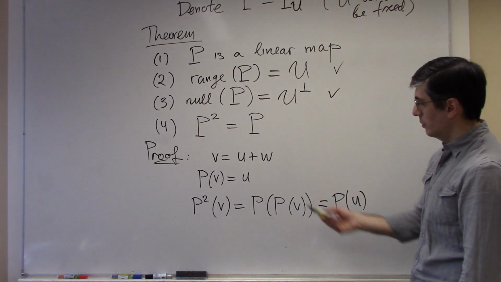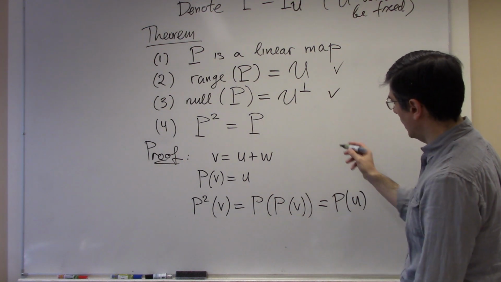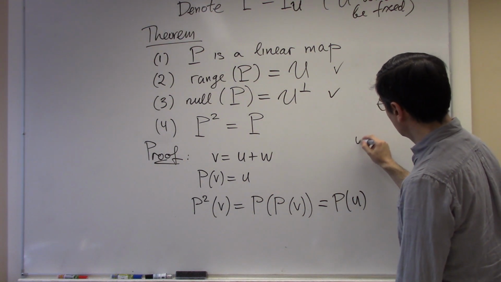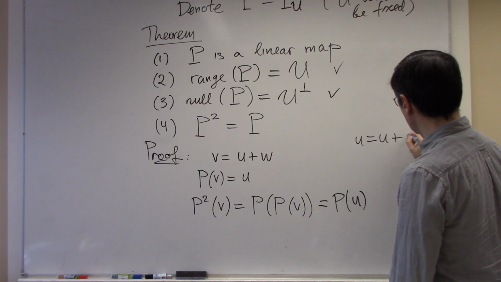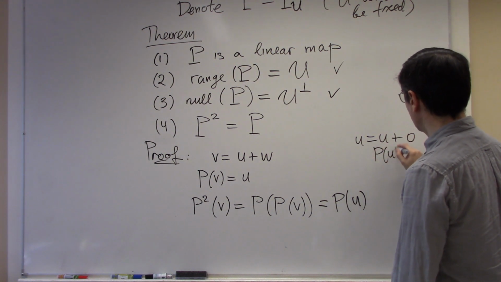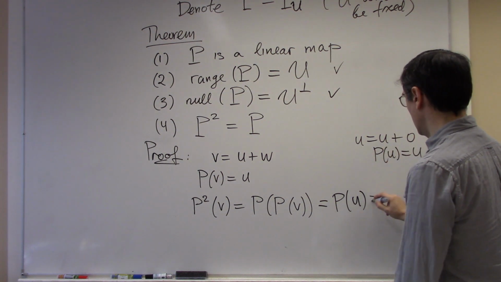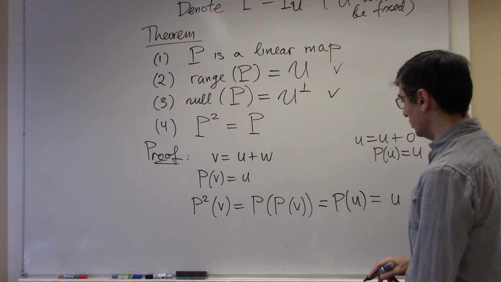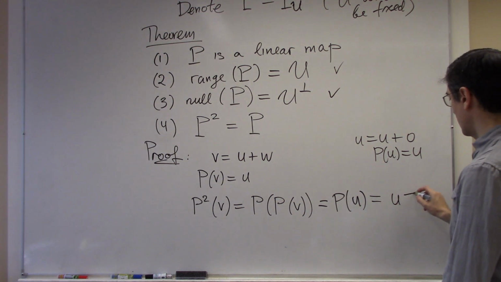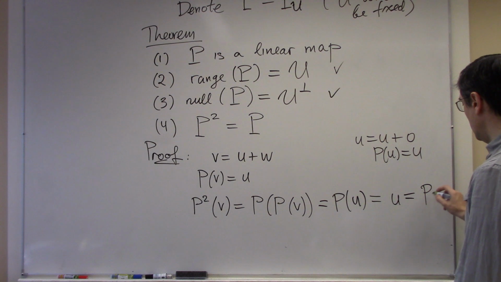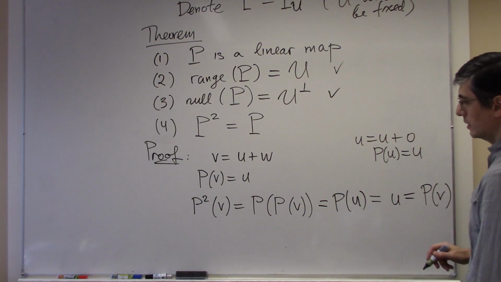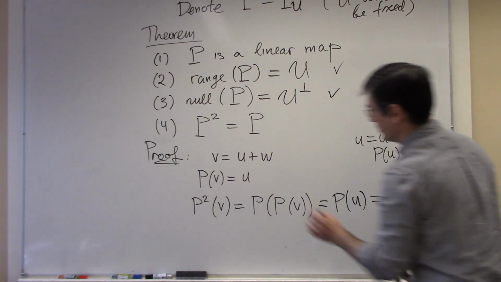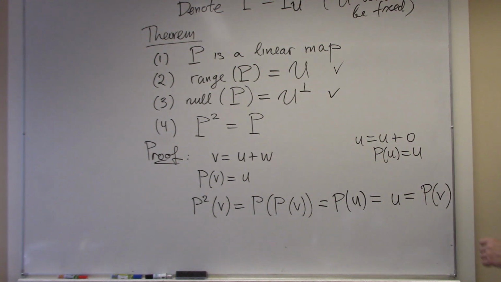And then remember that if you have a vector in U, then PU is U, so you get U, which is the same as PV. So the square of P is equal to P. If you apply P twice, it is the same as applying P once.